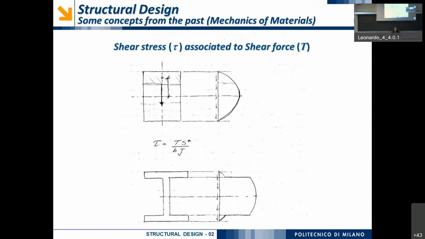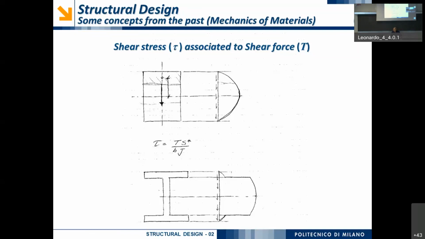Okay? So what I am expecting is that when I'm moving from this border until the center, there is an increase in S star, which induces a non-linear increase in the value of the shear stress. When I'm passing below the center, it is indeed true that I'm adding area, but I'm adding area with a negative distance from the center.